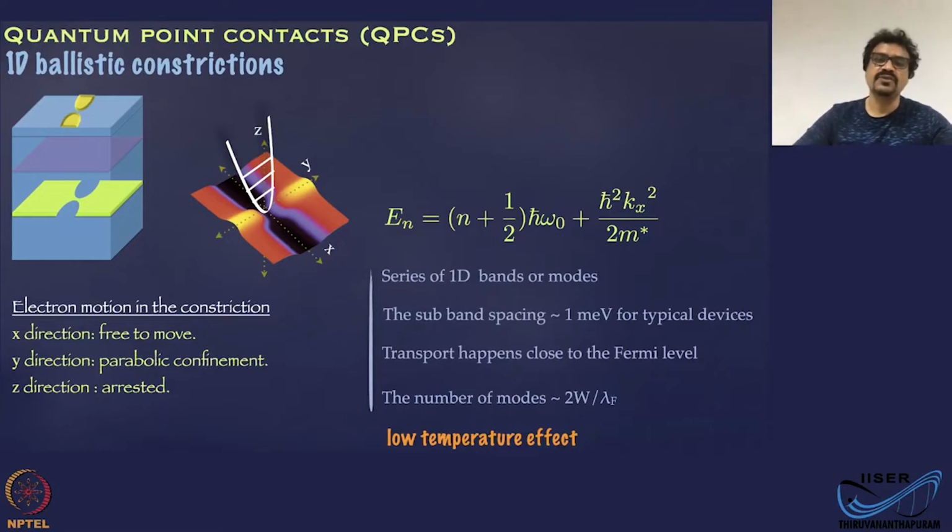Now the next step is you remove one more dimension, then you will get a one-dimensional system. Okay, so you start with a two-dimensional semiconductor heterostructure, which we have discussed in one of the previous lectures. Then you realize a thin one-dimensional channel in the middle by the technique of electrostatic gating. That also we have discussed in detail.